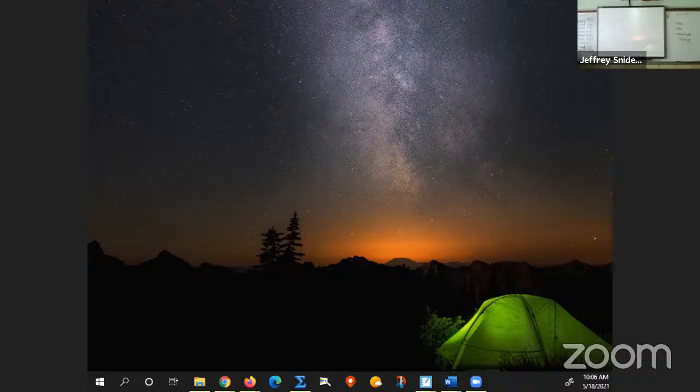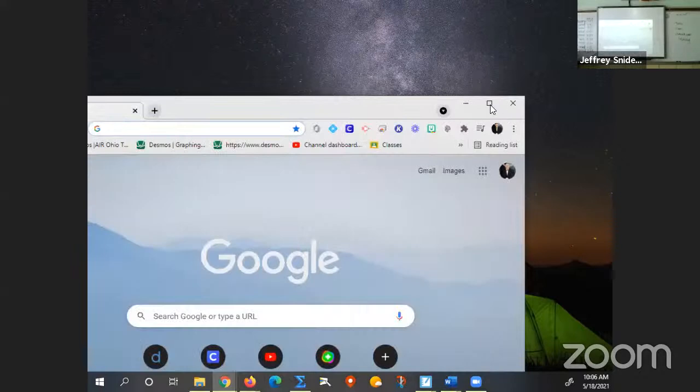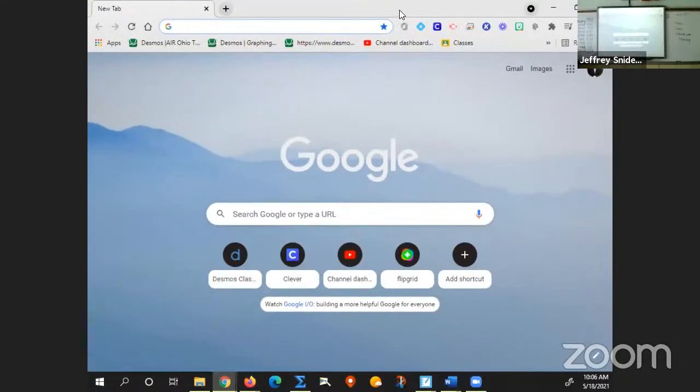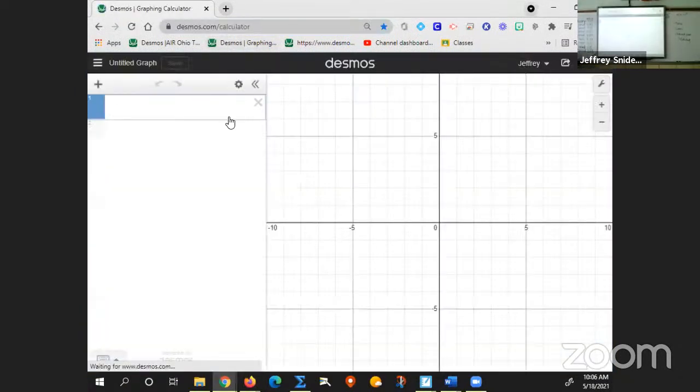All right, so let's do this. Up here, I have it bookmarked. This is just like a regular Desmos graphing calculator, set and ready to go. So once I'm in here, the first thing I need to do is get into polar mode. And that's very easy to do.